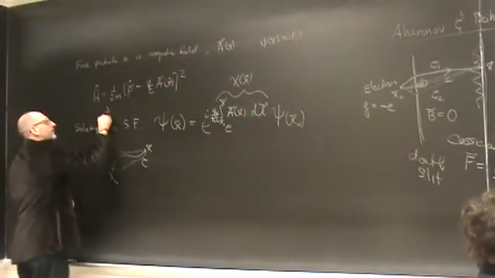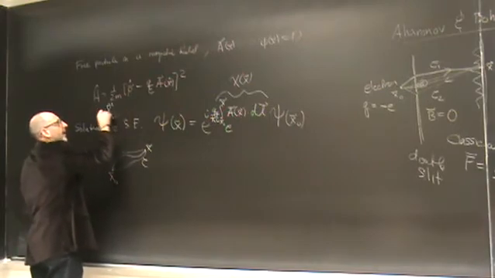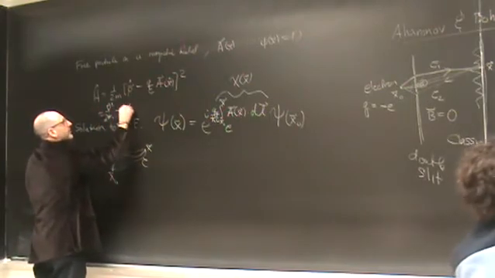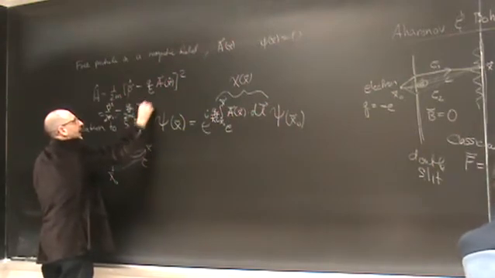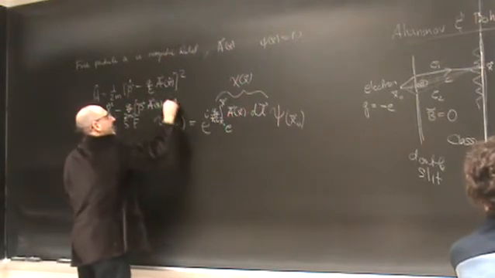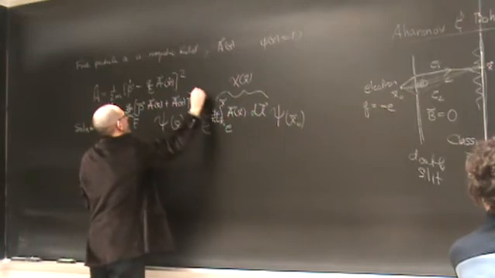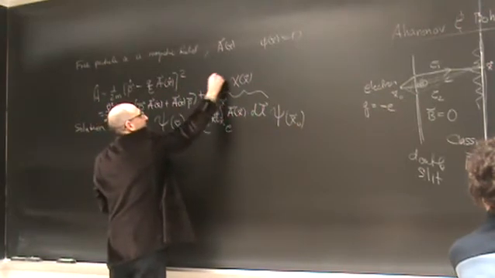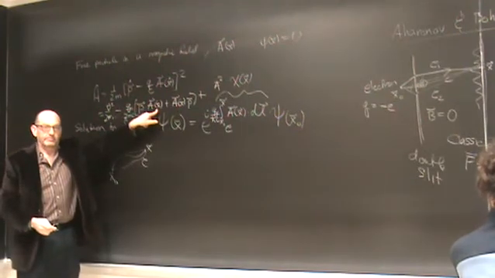This is p squared over 2m minus q over 2mc times (p dot A plus A dot p) plus, blah, blah, blah, an A squared term. Okay? So here's the interaction.